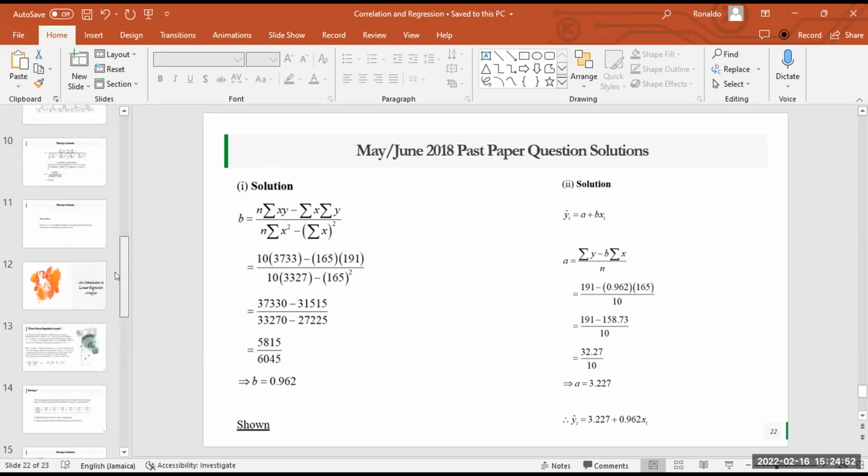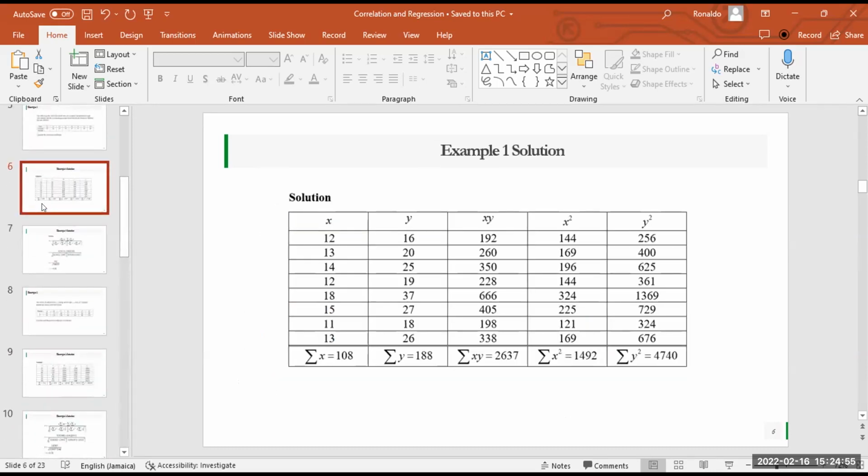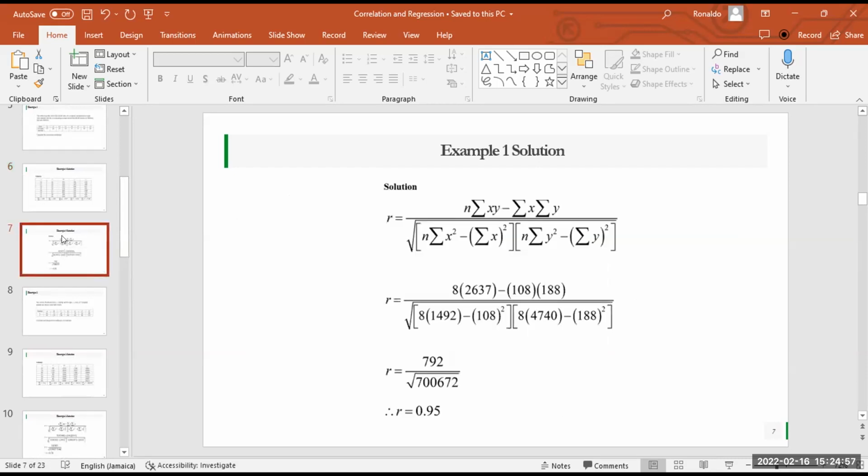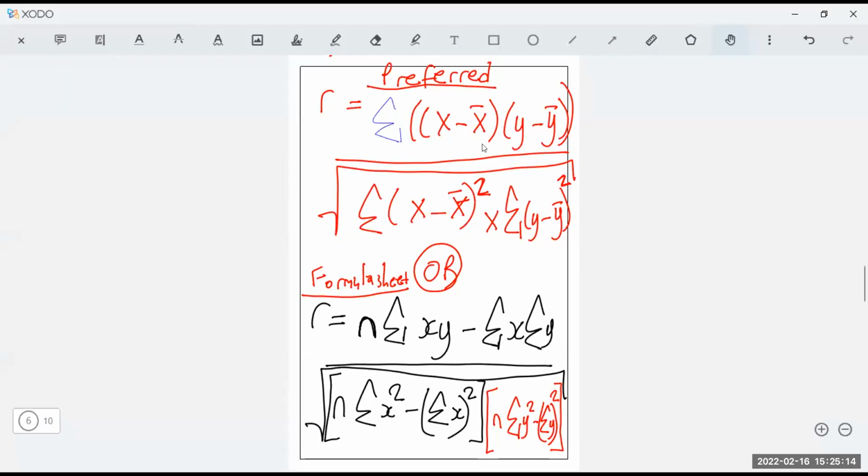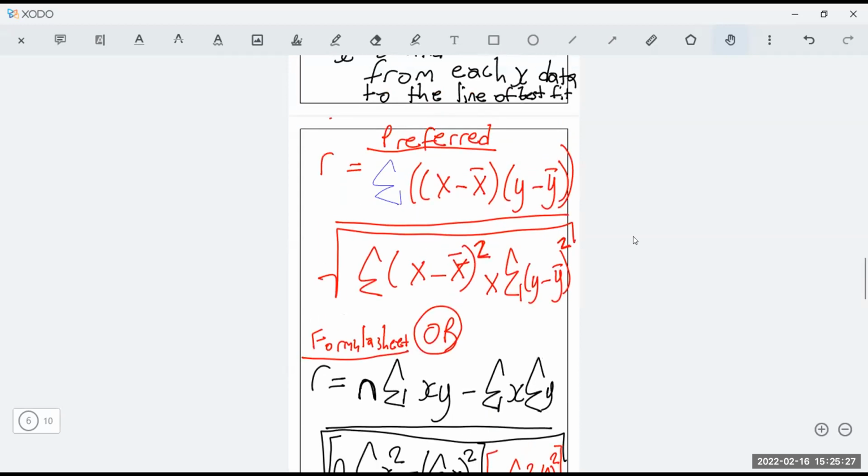From the 2017 paper, you can use this formula, doesn't matter, to find R. But I'm also going to show you the other formula that we wrote down first. You can use this complex formula, the second one on the formula sheet, or you can use the one that I like at the top. Up to you. All right. So that is that.